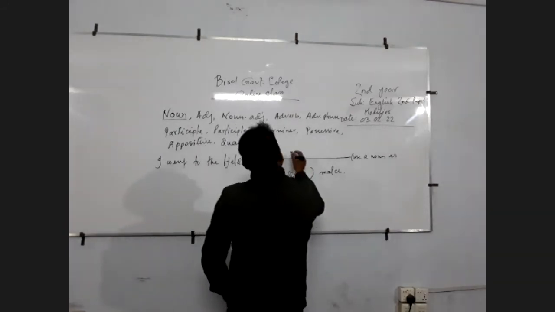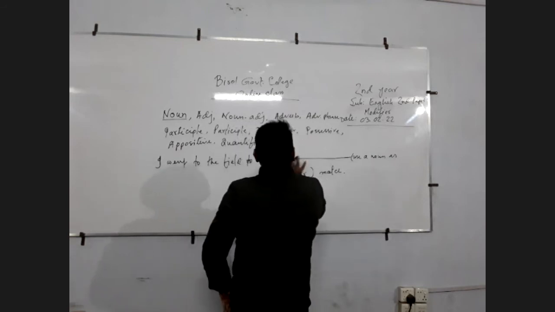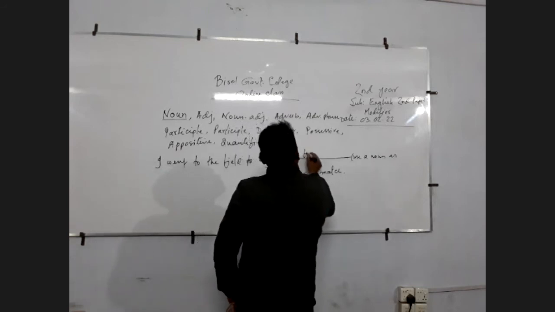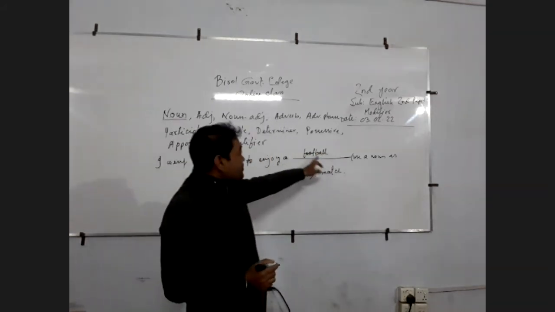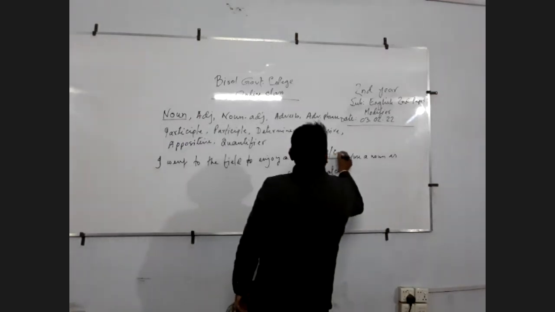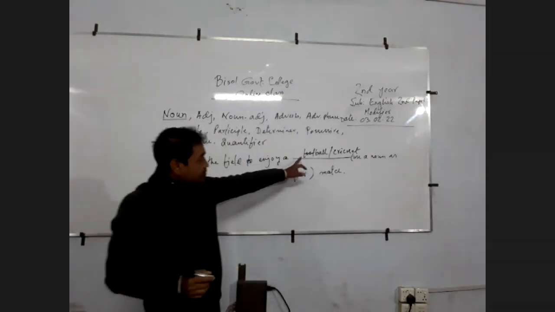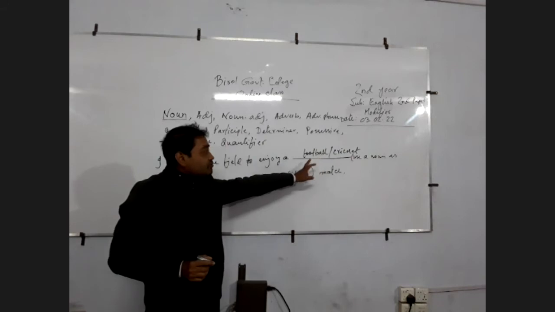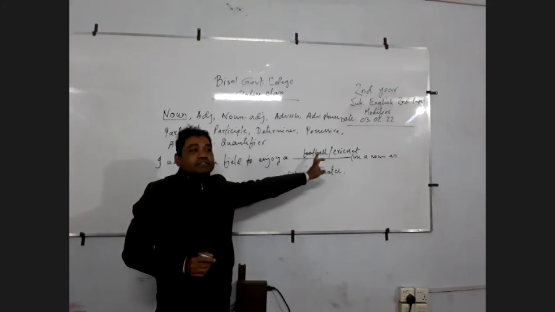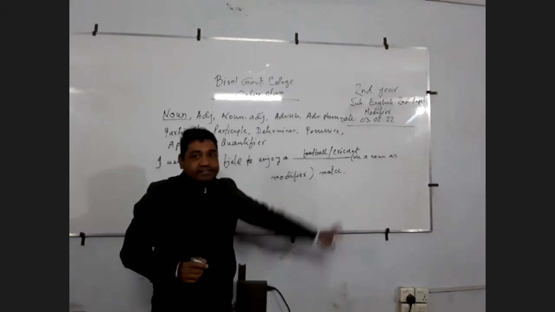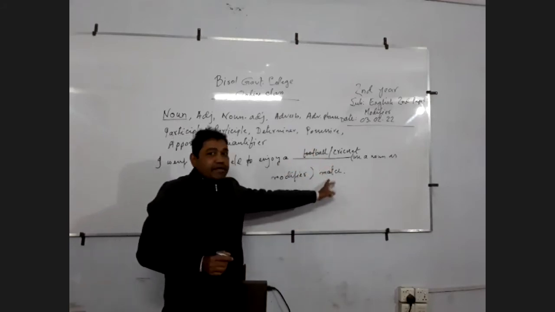So you can write: I went to the field to enjoy a football match or cricket match. Football or cricket, both words are nouns, but in this position they have been used as adjectives, and football or cricket has modified the word match.